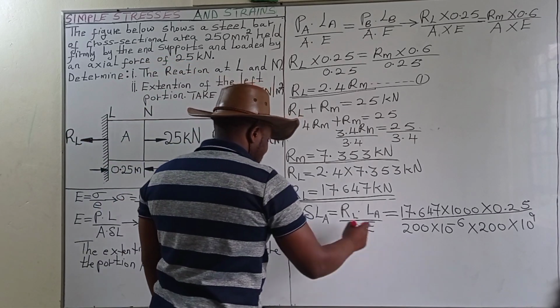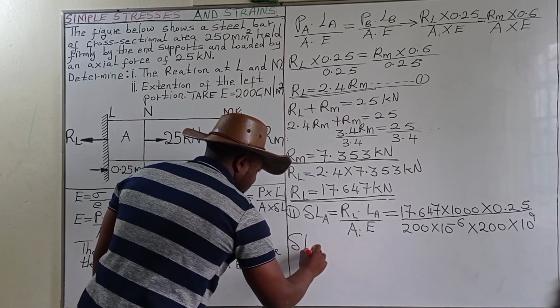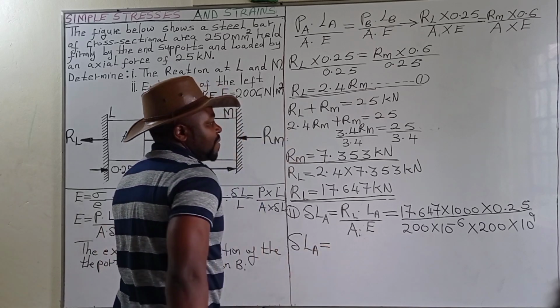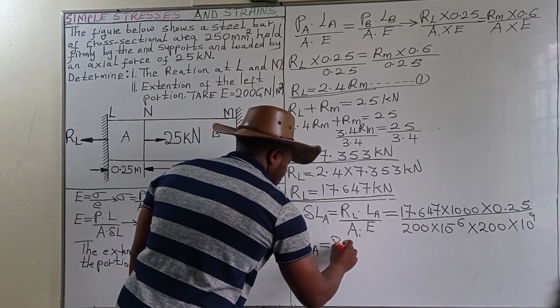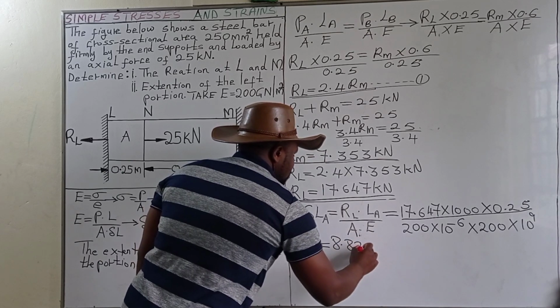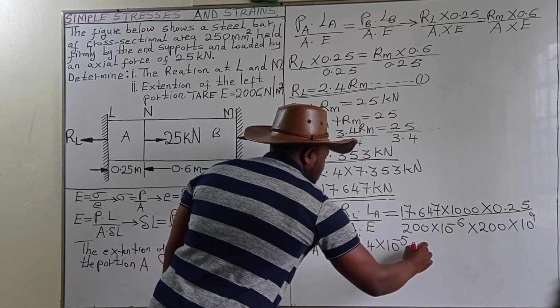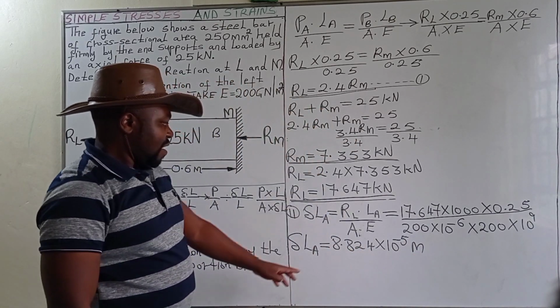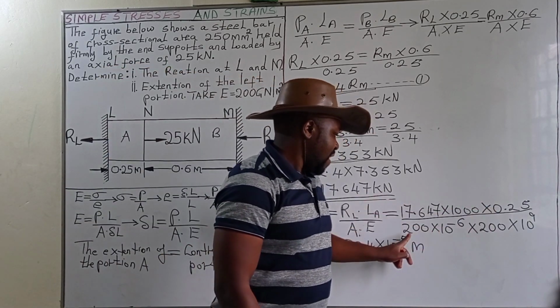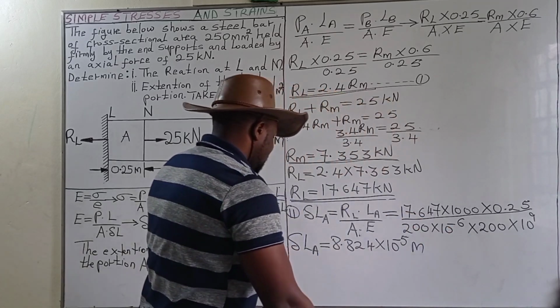So in this case, the change in length in portion A will be equivalent to 8.824 times 10 raised to the power of negative 5 meters. So that is when you multiply all this, divide by that.